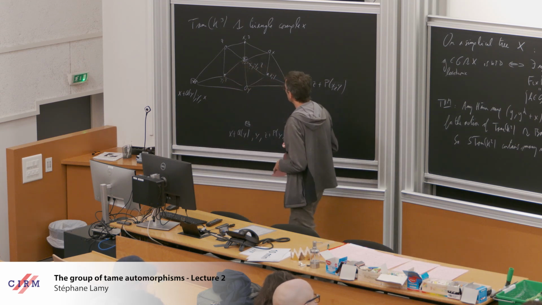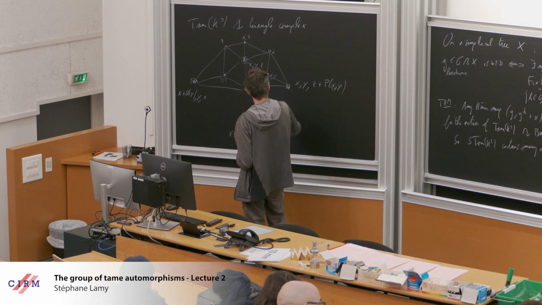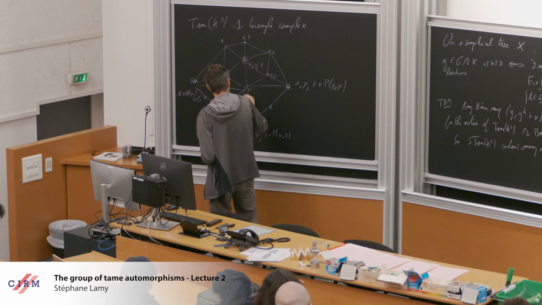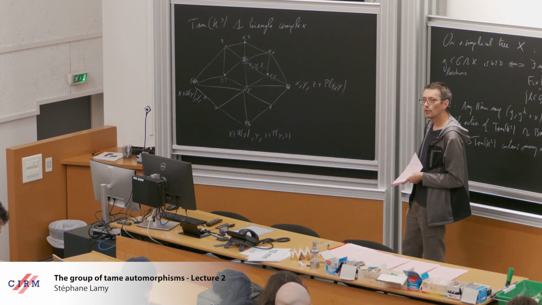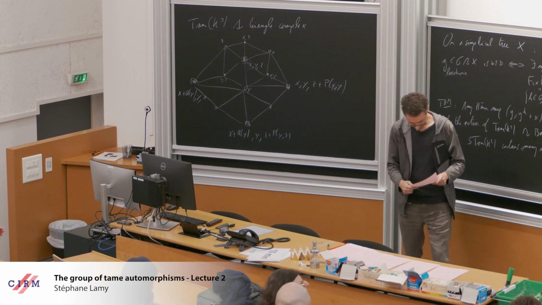And then it's an exercise to see that really it's linked like that, and you have a picture. So that's a few of the triangles in my triangle complex, just to give you a feeling of the space.